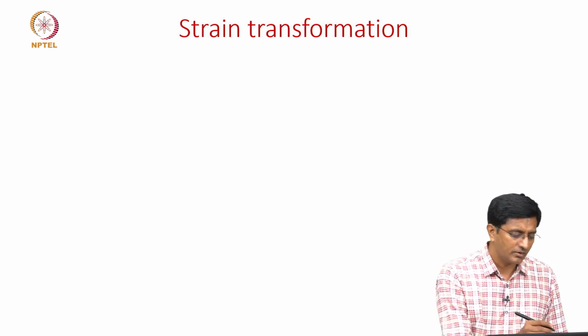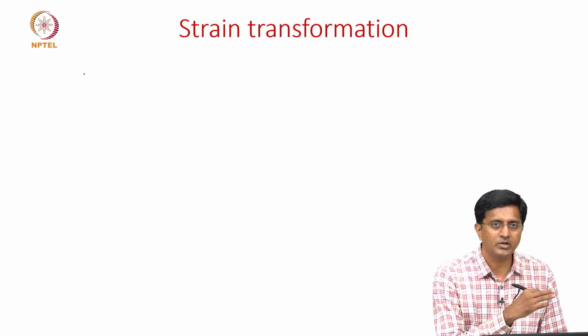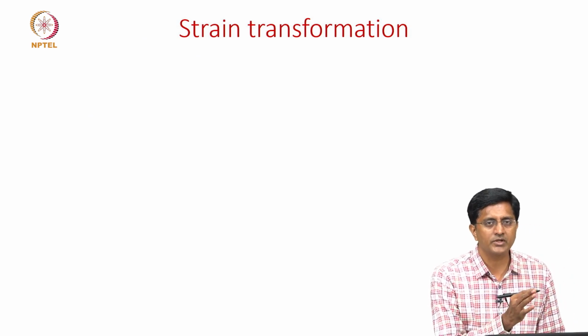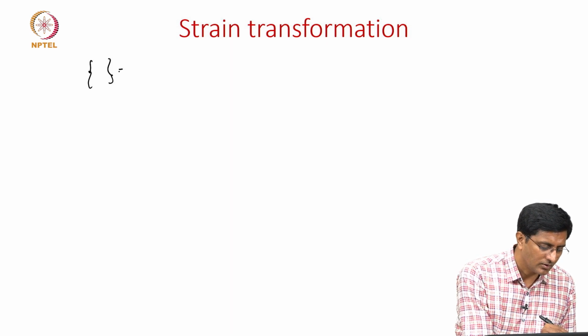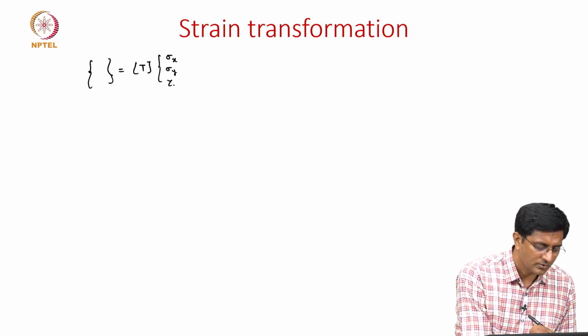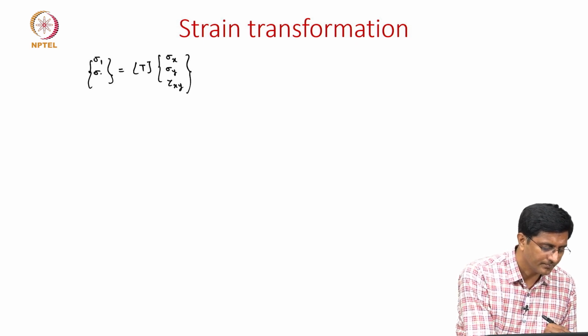We will see that similar to what we have learned for the stresses, we can also apply it for the strains. Previously, we said we can use this transformation matrix to go from the body coordinates to the material coordinates.